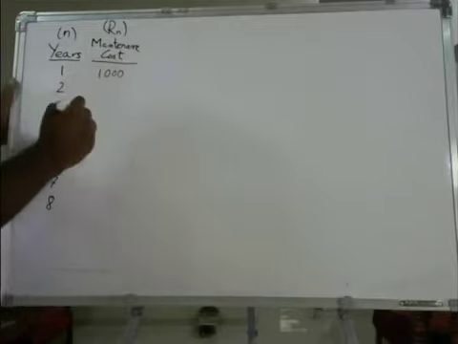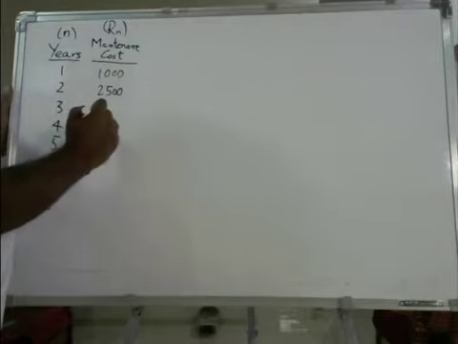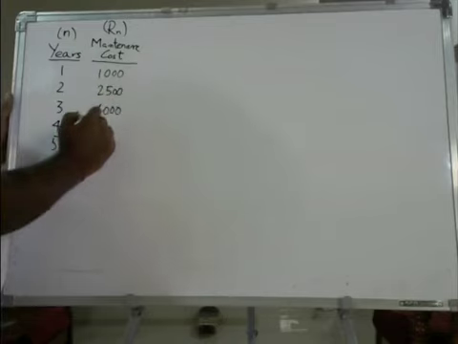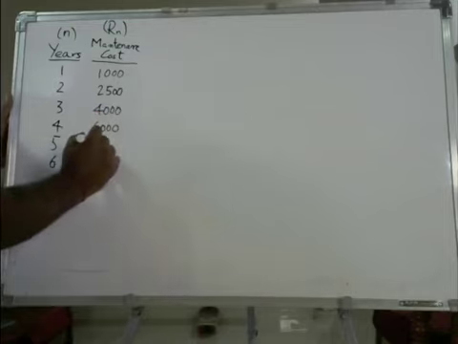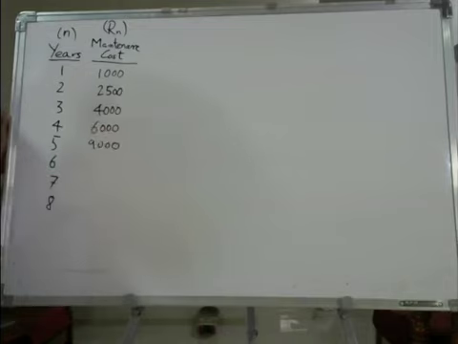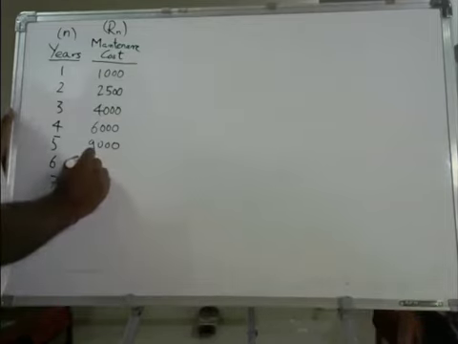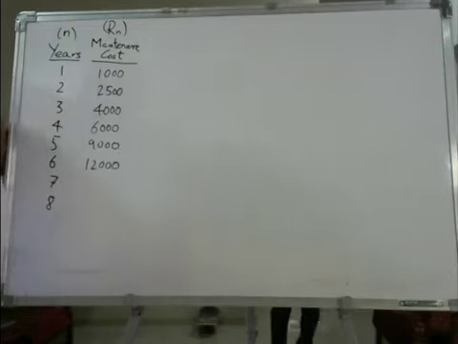Okay, so for the first year it is 100, 250, 400, 600, 900. Then for the 6th year it is 1,200.